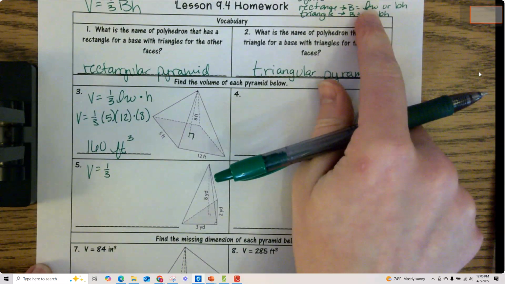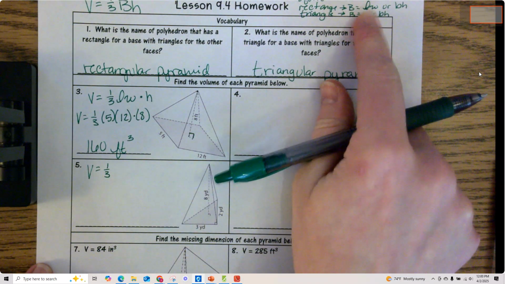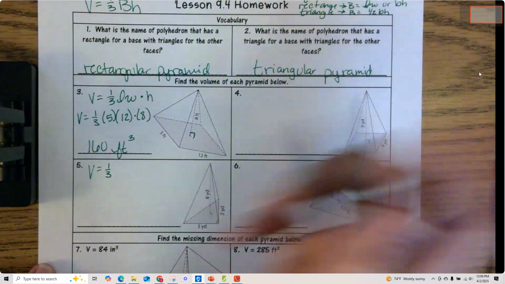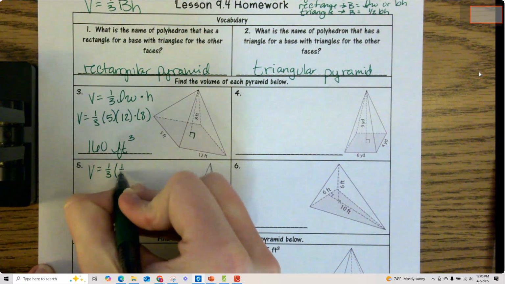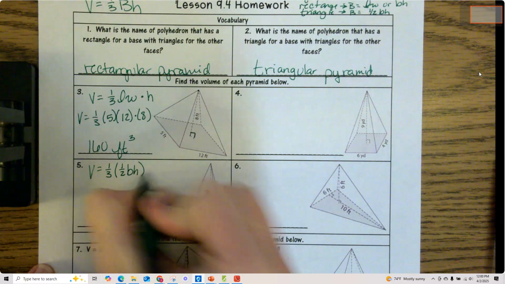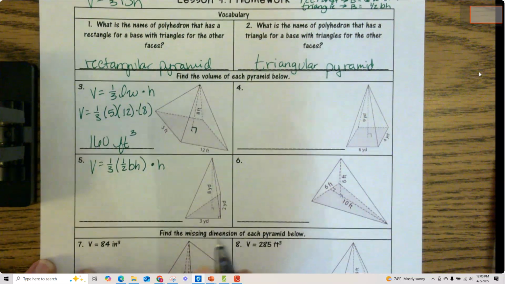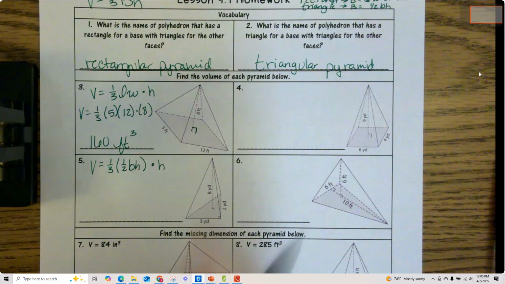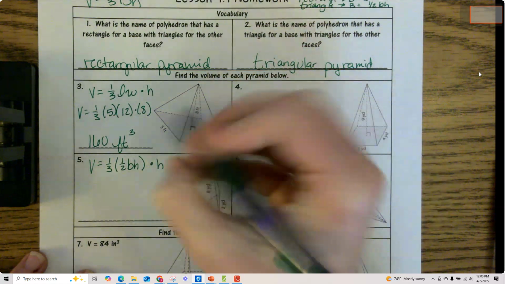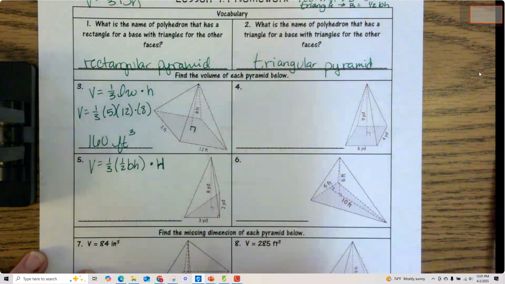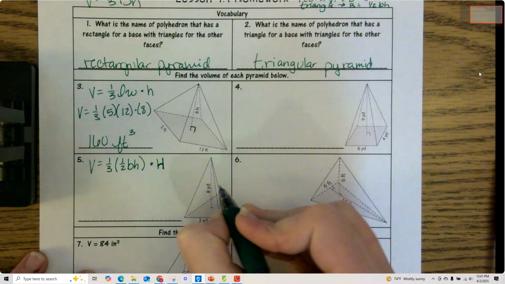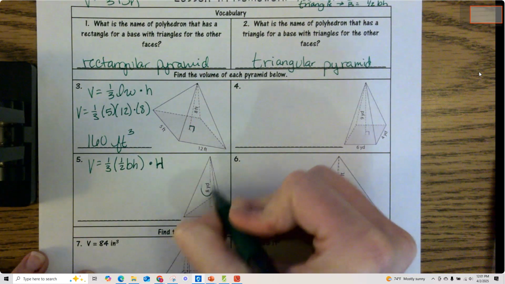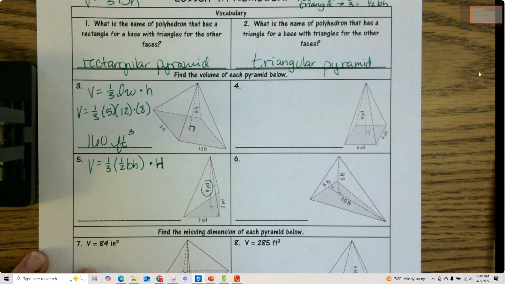So if we have a triangular pyramid, big B this time is a triangle, so we've got to fit all of this. 1/2 base height times height. Same thing on this one. Pick out the big height, the height of the entire shape. So for this one, the height of the entire shape is 8.